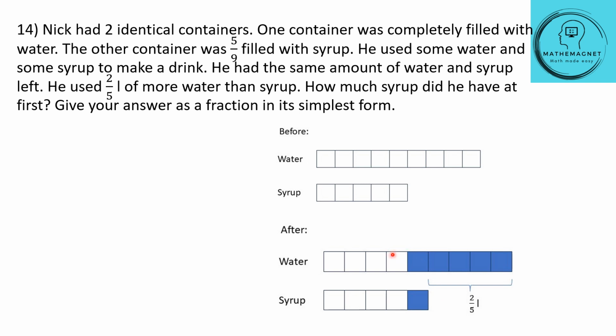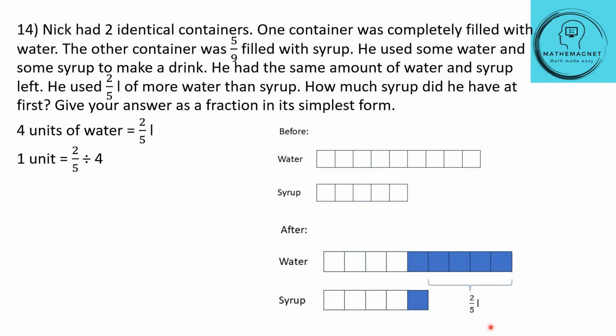Even if we used 6 units of water and 2 units of syrup, the leftover water and syrup will be the same, but even then the differential amount will be 4 units. So no matter how much they use in order to get the same water and syrup left, the differential amount will be 4 units. The 4 units is equal to 2 by 5 liters.